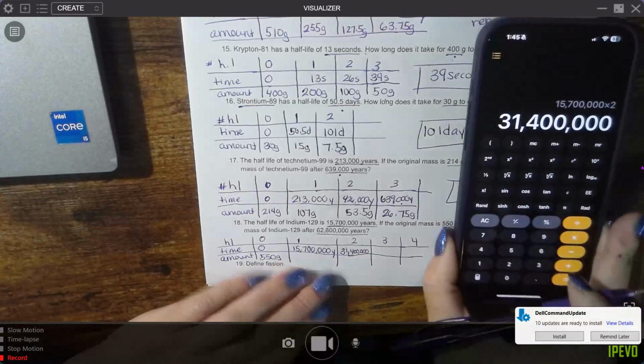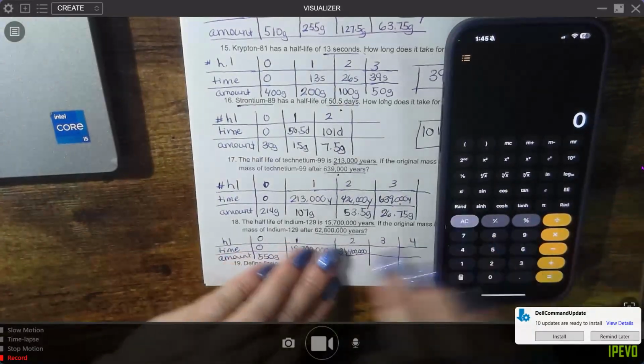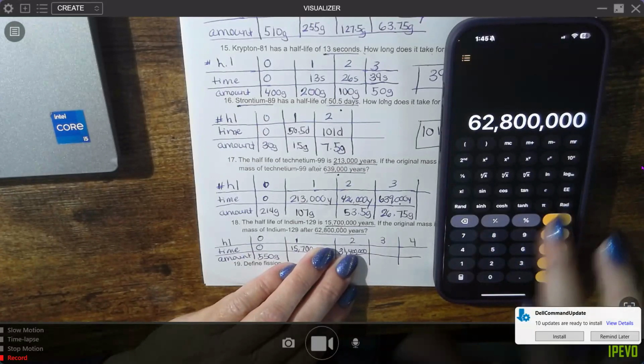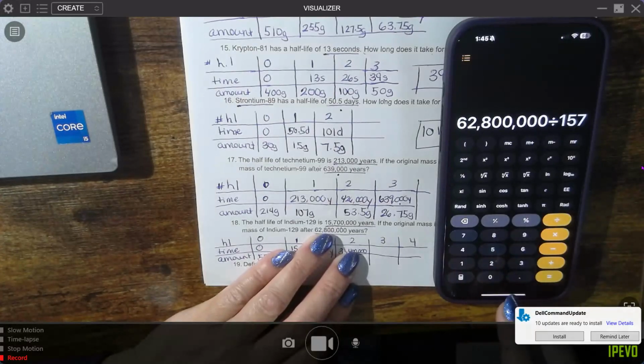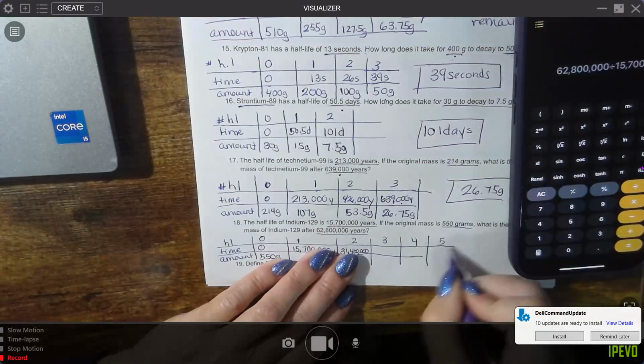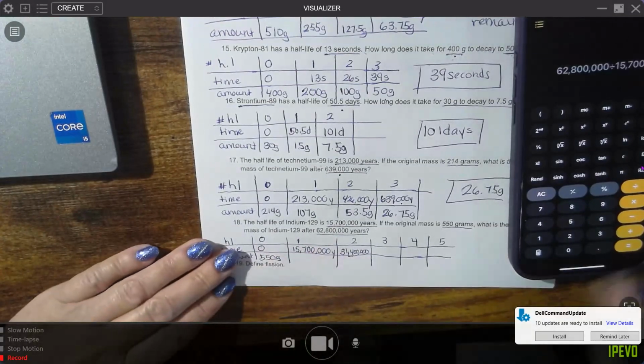A quicker way to do this is 62,800,000 divided by 15,700,000, and that's 4 half-lives. So that tells us we don't have to go on to a 5th half-life.